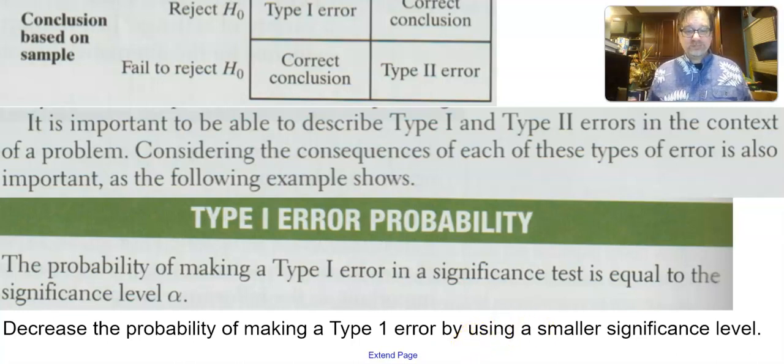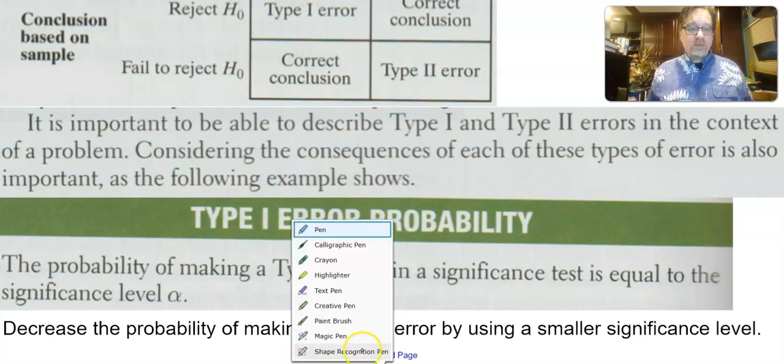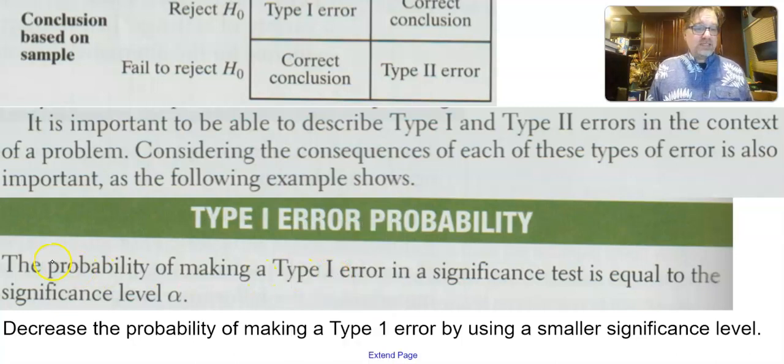Fun fact, the probability of making a type 1 error is alpha. Kind of cool. And because of that, you can decrease the probability of making a type 1 error by using a smaller significance level. Because if you say alpha is 10%, I have a 10% probability of making a type 1 error.